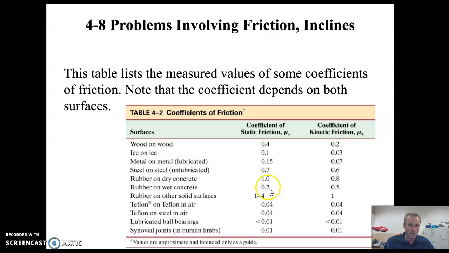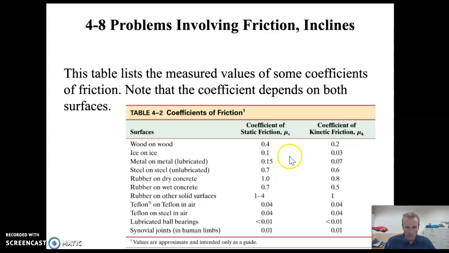So here's your driving on dry roads versus slick wet roads. It is reduced when the pavement is wet, but a coefficient of 1 is about as big as you will see, and a coefficient of 0.01 is about as small as you'll ever see.